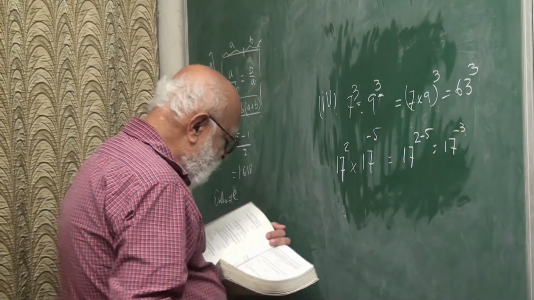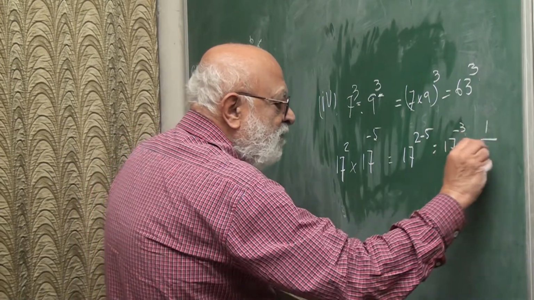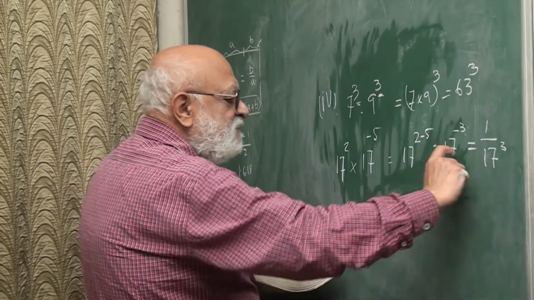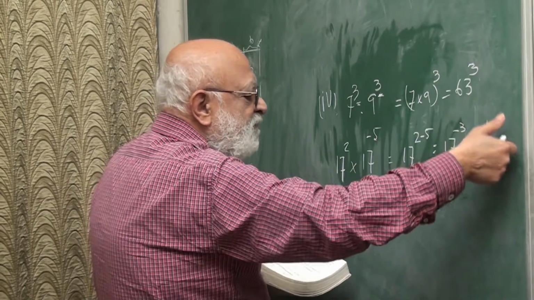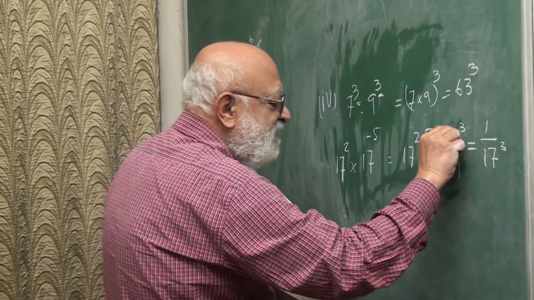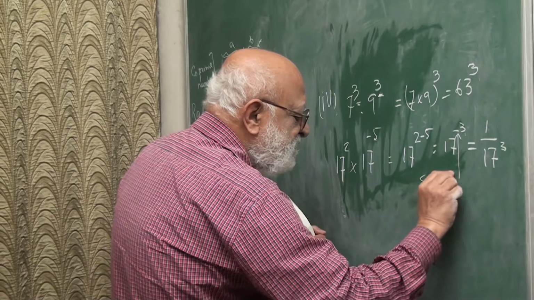Okay, there is no problem in this. We can also write this as 1 upon 17 to the power 3, because if it goes up and I flip it down, then this sign changes.